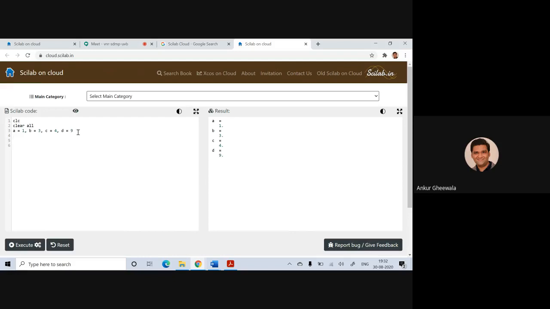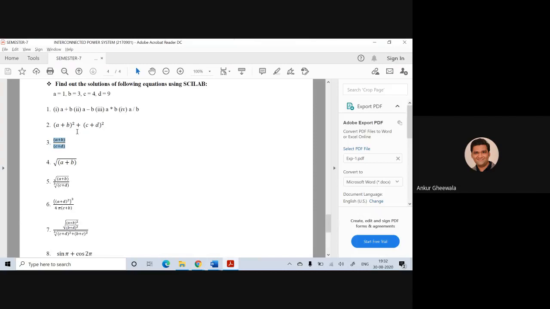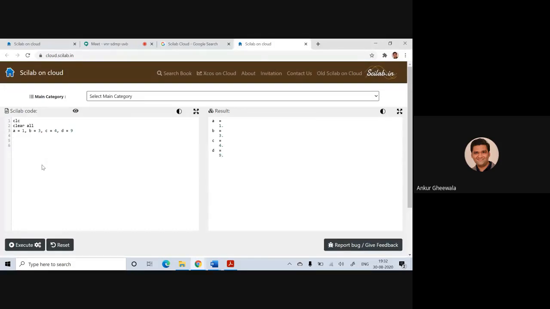Okay, so now if I want to find out this a plus b whole square raised to 3. So first of all, I will write down a plus b, which is equal to double a. Double a is equal to a plus b.